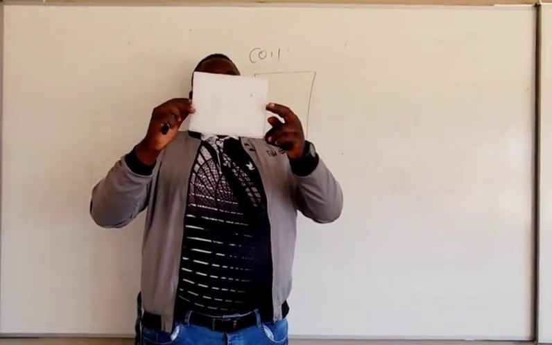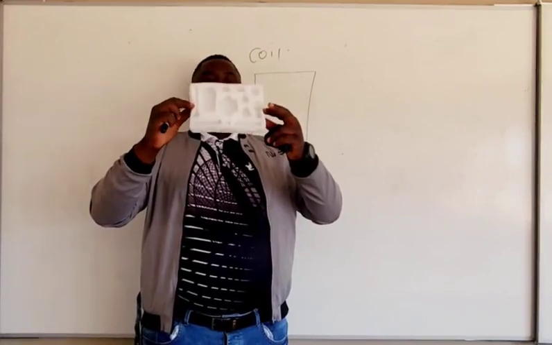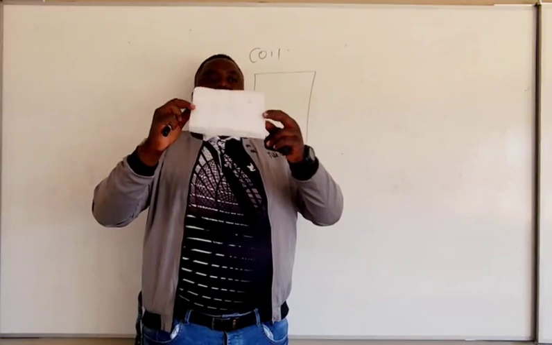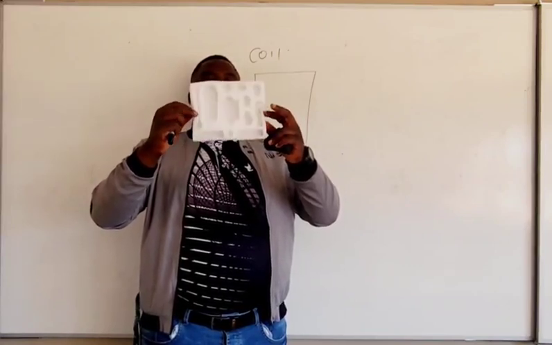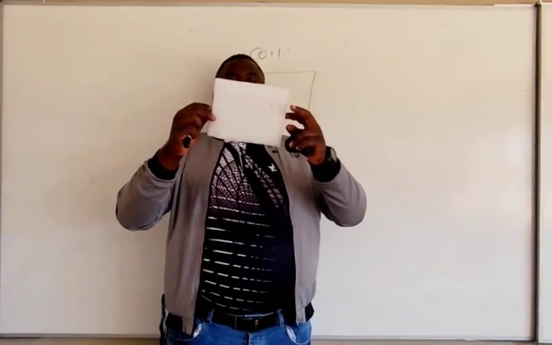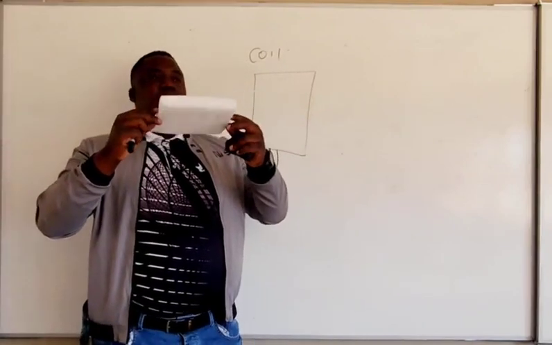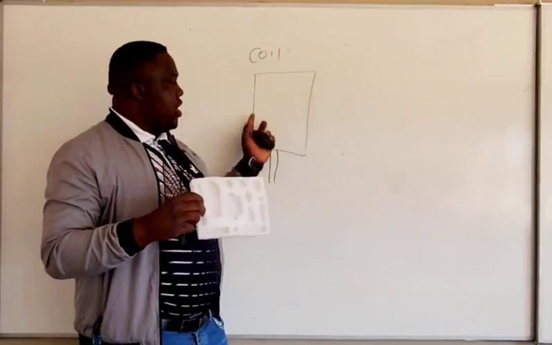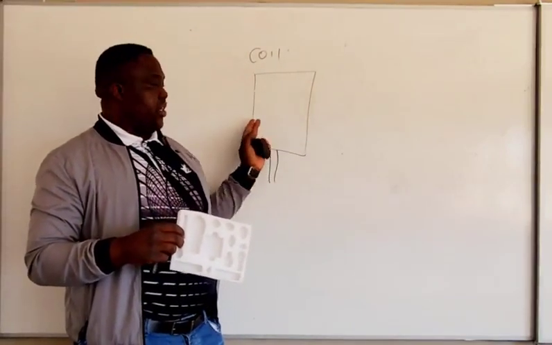As it rotates like this, it is changing position. And you know, as there is a rate of change in the magnetic flux, there's going to be an induction of EMF. We're going to have induced EMF. We're going to produce EMF as there's a rate of change. You can see that this coil is changing direction.